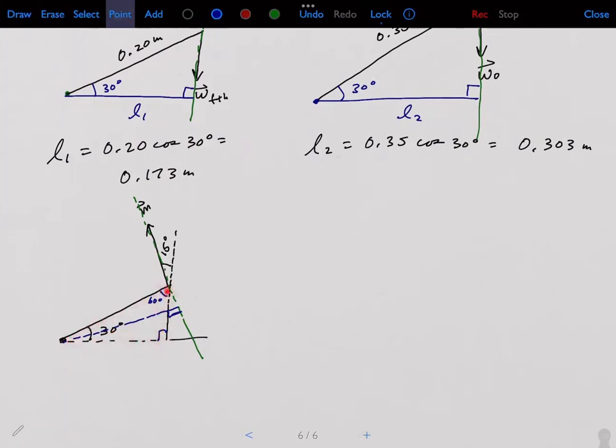That's my right triangle right there. And then this angle right here has to be the same as this. I think they're called vertical angles.